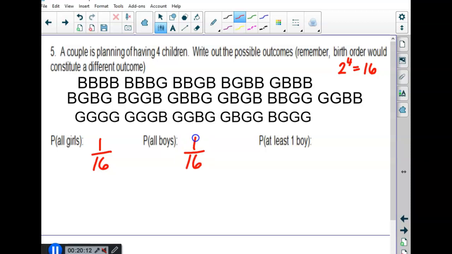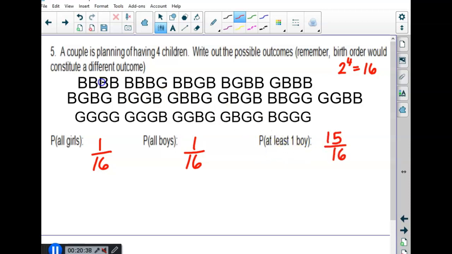Now, this seems really complicated. At least one boy. Seems like you're going to have to start counting a lot of choices, right? Does anybody know another way we could word that would make it much easier? At least one boy is every choice except what? All girls. Okay? So it's going to be 15 out of 16.